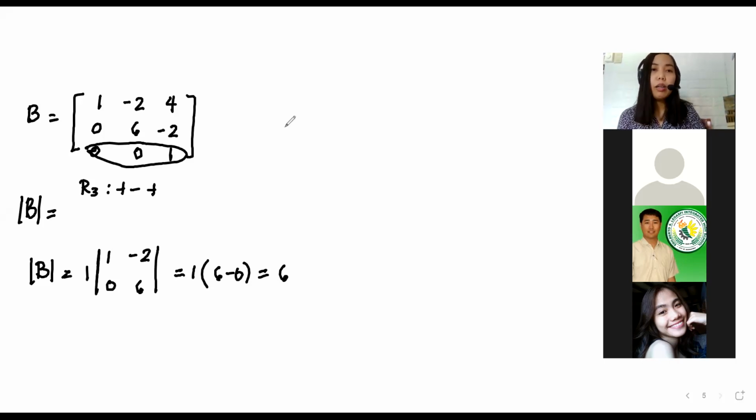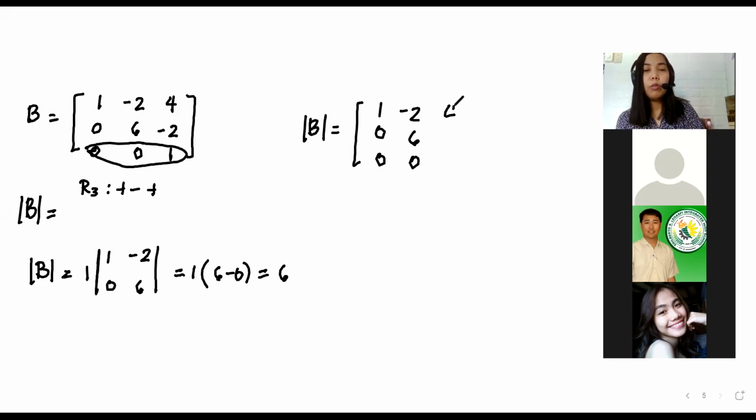How about using expansion? So we'll have 1, 0, 0, negative 2, 6, 0, 4, negative 2, 1. We're going to copy the first 2 columns: 1, 0, 0, negative 2, 6, 0.